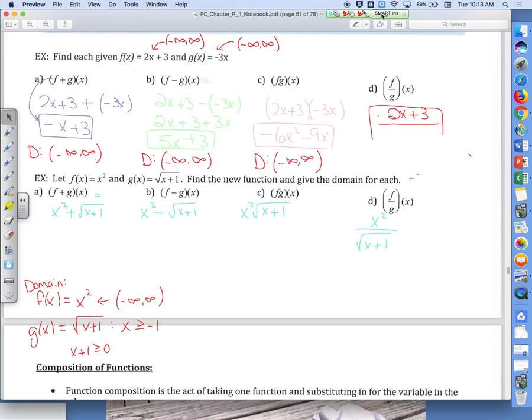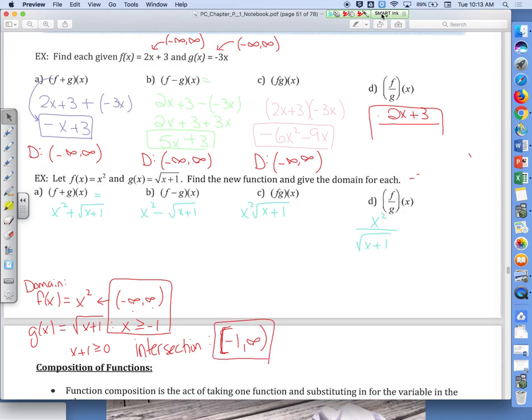So what these two domains have in common, or the intersection of these, would be all of the values greater than or equal to negative 1. So that would be negative 1, with a bracket, to infinity. All right, the values from negative infinity to positive infinity fall within this interval here.